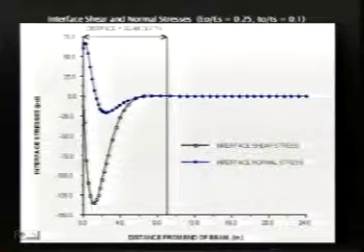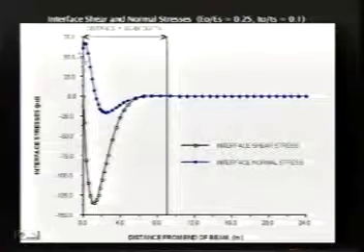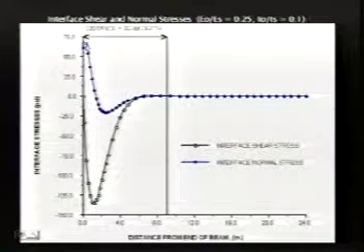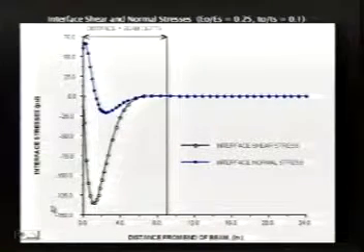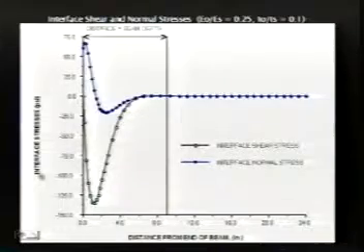For this particular example, you'll notice that the normal stresses get to be about 70 psi and the shear stresses are about 130 or 140. Now in general, for that condition, I think we would expect the overlay to be able to absorb those kinds of stresses. This shows the effect of changing the thickness of the overlay.